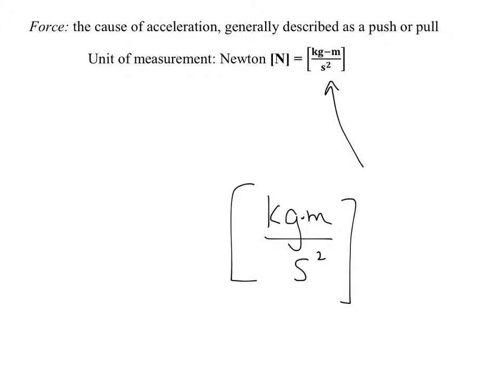So a Newton is really a mass times a length over a time period squared. Again, to highlight this, a mass in kilograms, a length in meters over a time squared measured in seconds squared. So a Newton is really a unit that's comprised of other units.